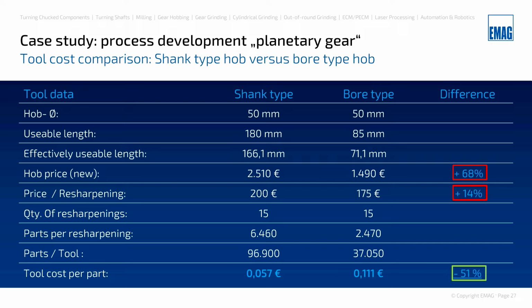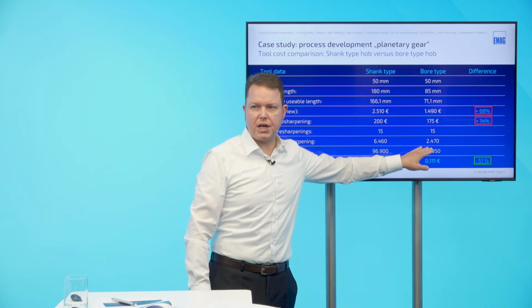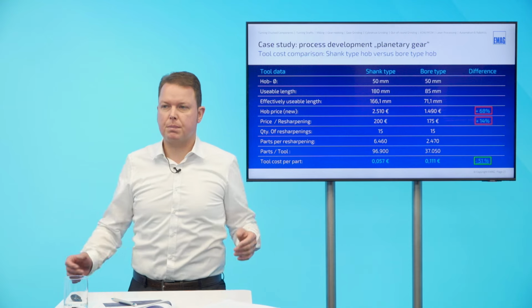Both hobs can be resharpened 15 times, and parts per resharpening differs considerably due to the different shifting length. We can machine 6,500 workpieces with the shank type hob and 2,500 with a bore type hob.